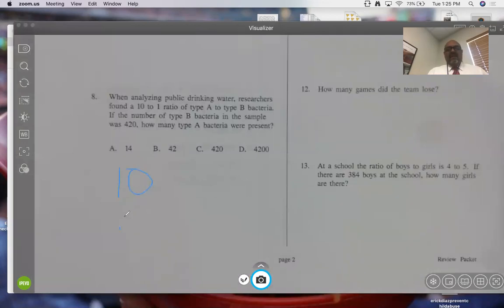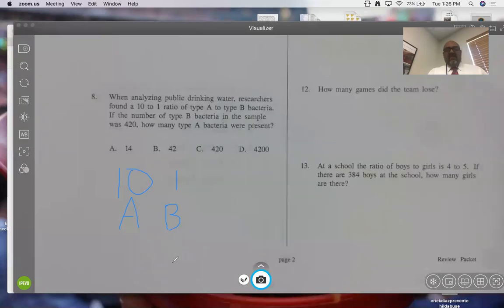Type A. And I have 1 of type B. So what's my ratio? 10 to 1. And it tells me here the number of type B bacteria is 420.